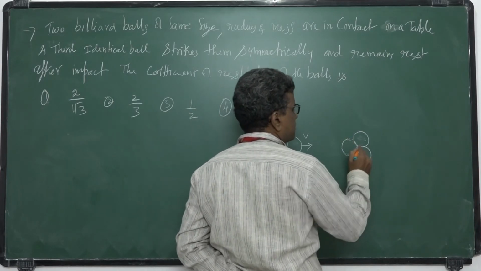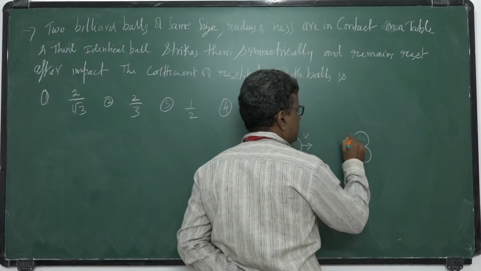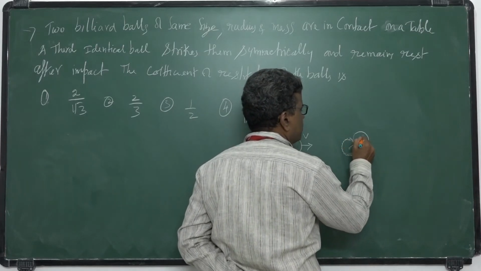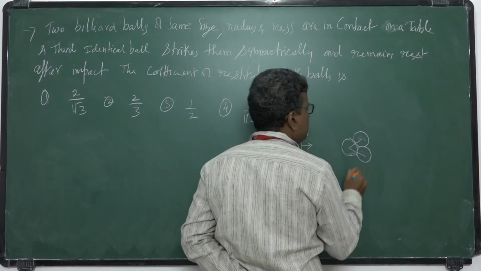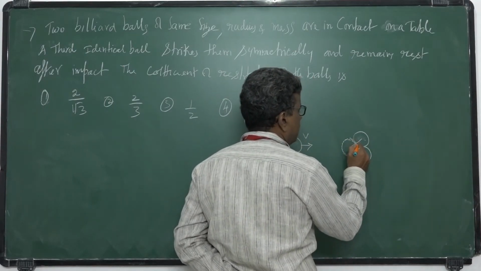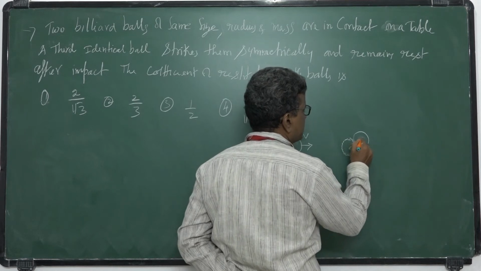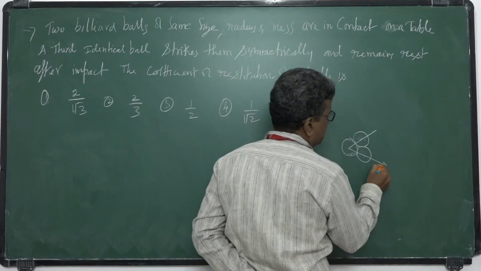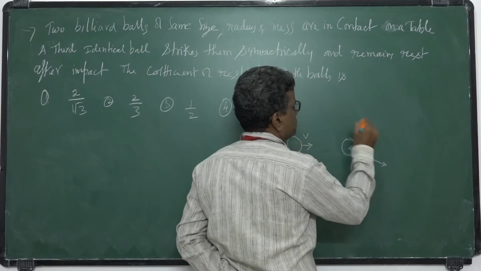Symmetrical means it exerts equal impulse on both the spheres. If this is the common tangent, this line becomes the impulse direction. So it will exert equal impulse on the two spheres.